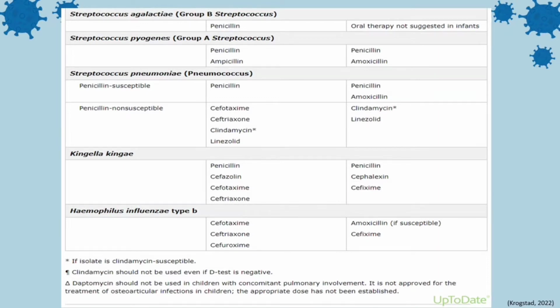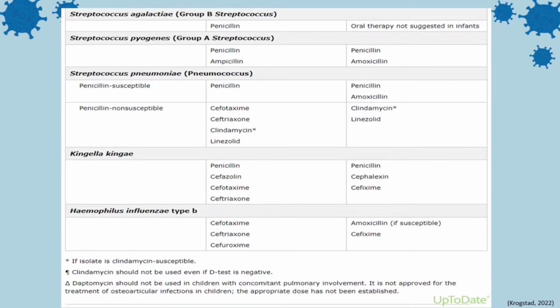For pneumococcus like S. pneumoniae, for penicillin susceptible, penicillin is the parenteral agent while the oral counterpart is penicillin or amoxicillin. For penicillin non-susceptible, the parenteral agents are cefotaxime, ceftriaxone, clindamycin, or linezolid, with the oral counterpart of clindamycin or linezolid.